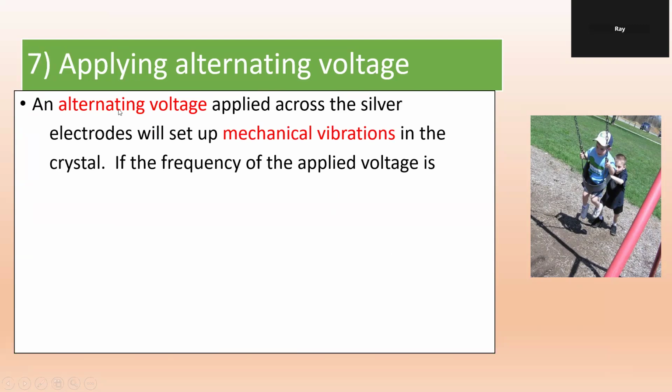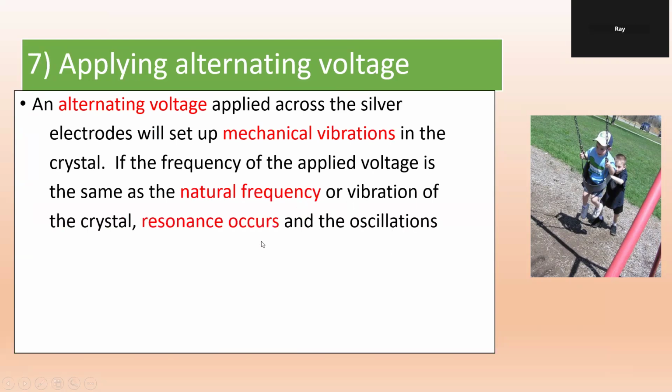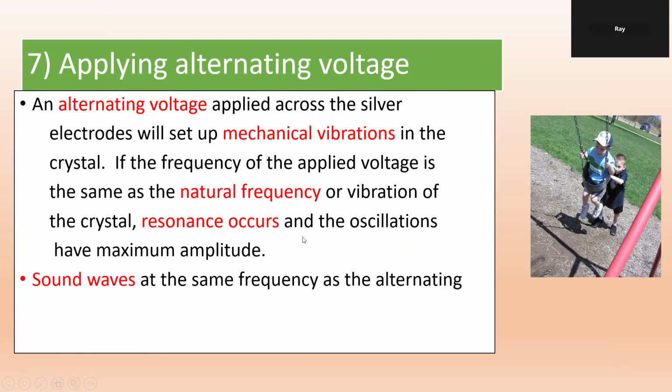If the frequency of the applied voltage is the same as the natural frequency of vibration of the crystal, resonance occurs and the oscillations have maximum amplitude. A sound wave at the same frequency as the alternating voltage is created in the surrounding medium.